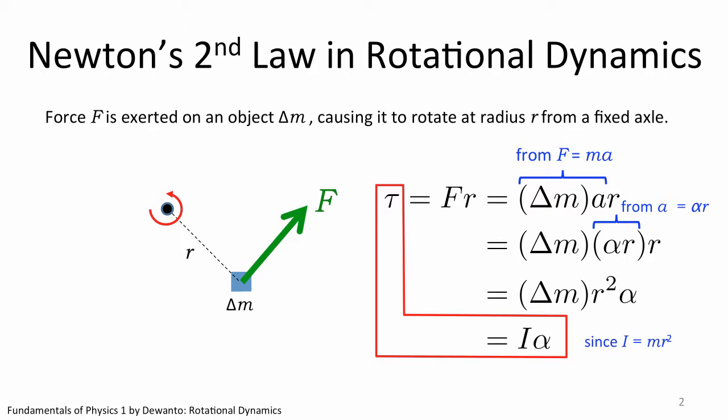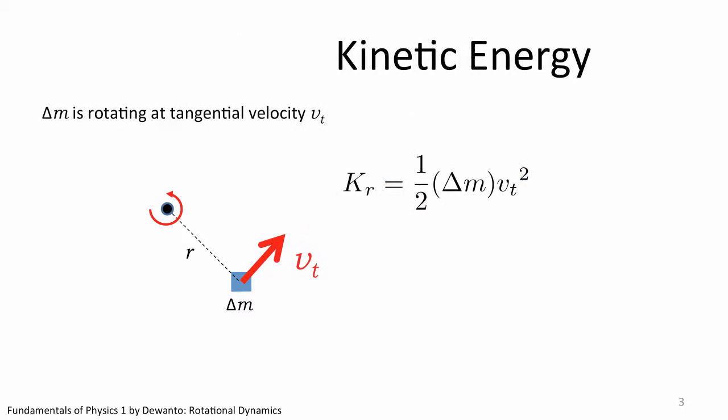Okay, let's say delta m is now rotating about the axle. Whether it is accelerating or not, delta m for sure carries kinetic energy. We have established earlier in lecture 6 that kinetic energy is possessed by any moving object, and it is given by 1/2 mv squared. Of course, in this context, v refers to the tangential speed of the object.